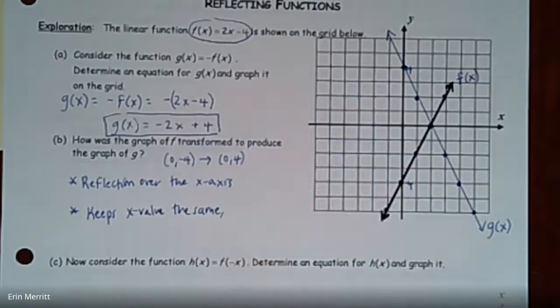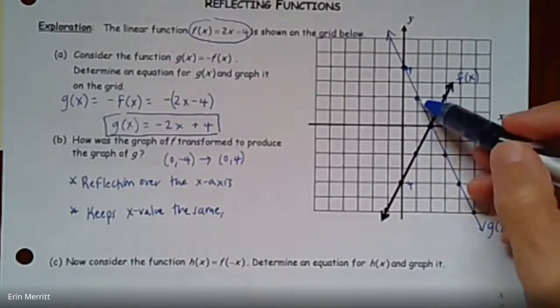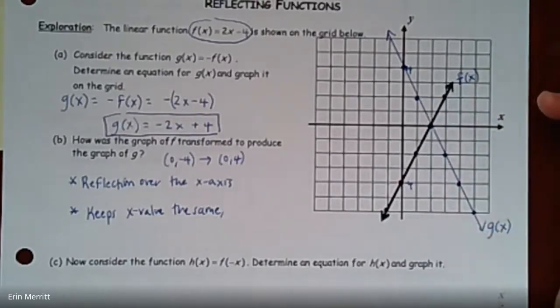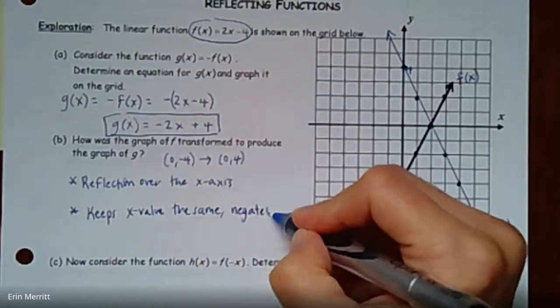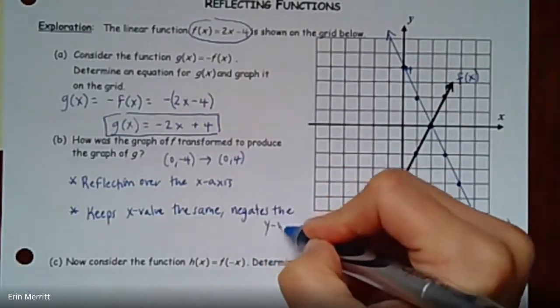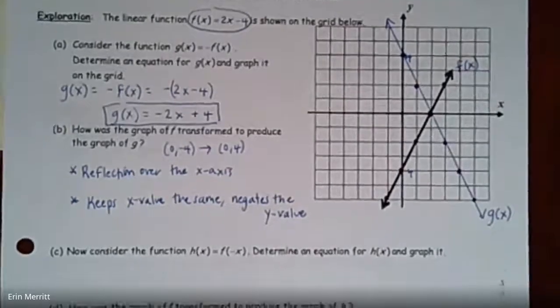And then what happened to the y? Well, it went from -4 to +4. Or you could look at a couple other cases. Here it goes from -2 to +2. It simply just negates the y value. So that's the easy part. And hopefully you remember that from last year.